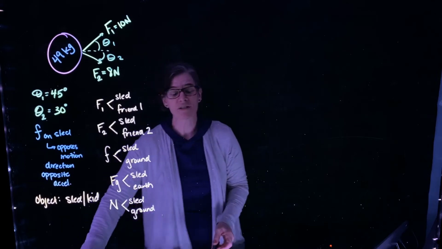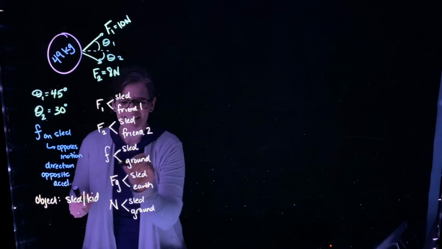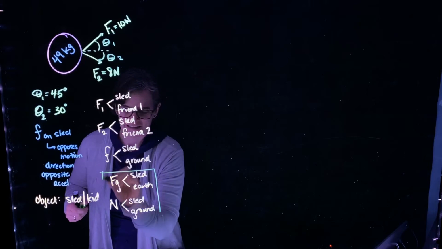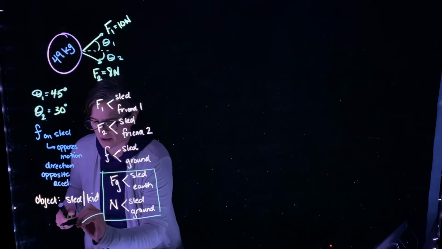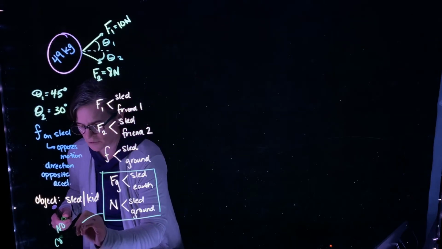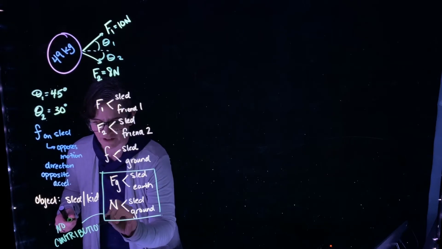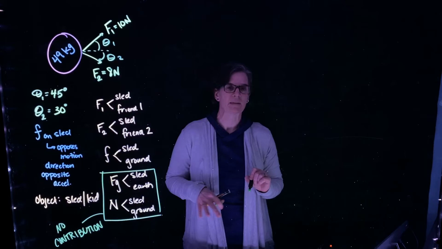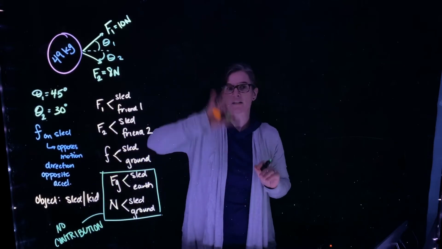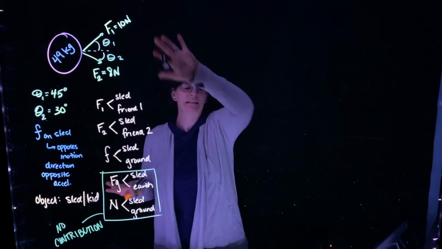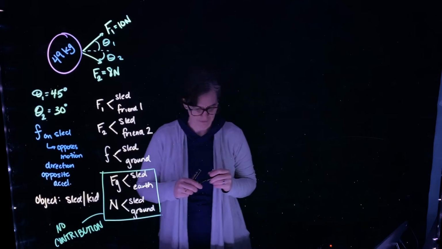And so while these forces certainly act, they're not going to come into play. They have no contribution to the problem we are actually interested in solving. And so we're going to only look at 2 dimensions in the plane of the motion itself.